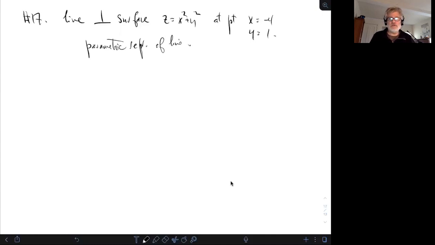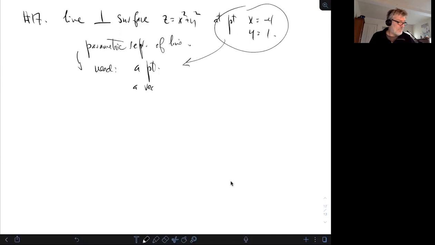To find a parametric representation of a line, I need two things. I need a point. That should be easy because of this. And I need a vector, let's say v, parallel to the line.